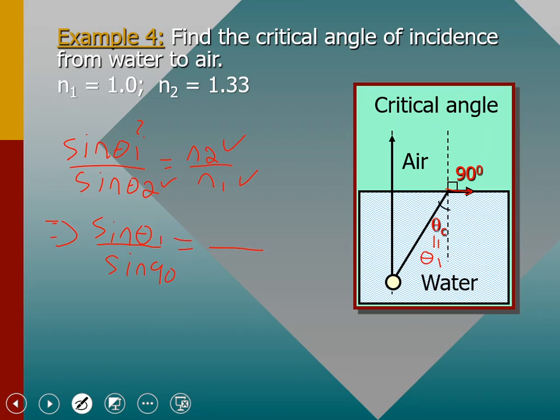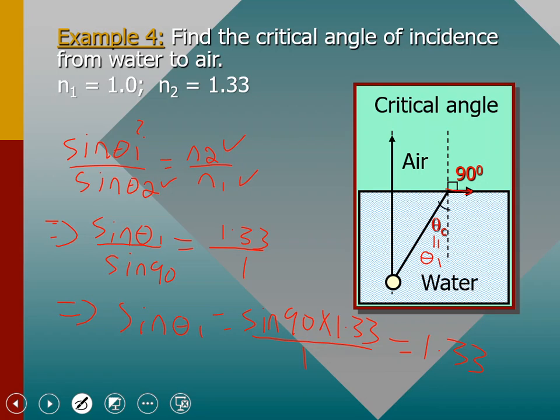Sine theta 1 equals sine 90, which is 1, times 1.33 divided by 1, so equals 1.33.